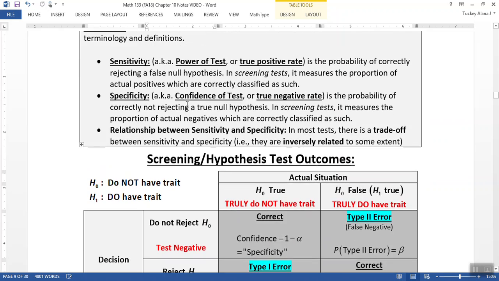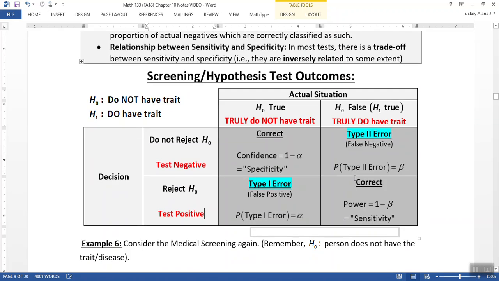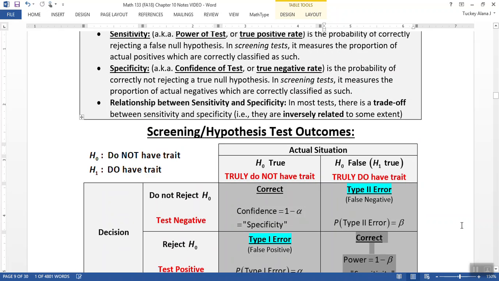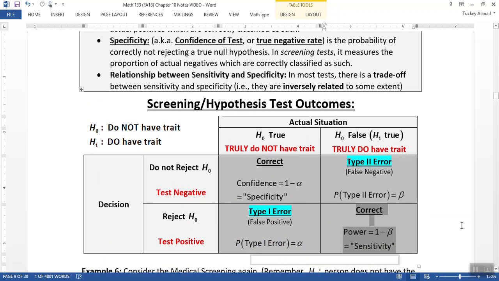All right, now sensitivity is the power of the test. It's down here. It's the probability that you're actually going to make the correct decision over in this corner. So the probability of correctly rejecting a false null hypothesis. So you're rejecting the null and the null is false. It's the chances of you doing that.